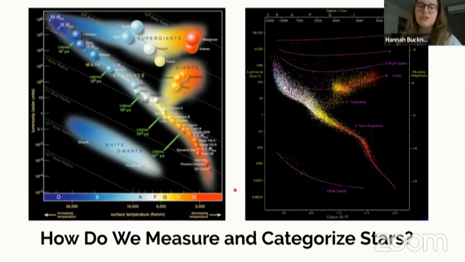And they can really show us if we're looking at a star and we're not really sure about what kind of star it is, we can use this map to tell us aspects about it, because stars that are very similar to each other will have similar lifespans. So remember when I was talking about O-type stars and how they're really rare?